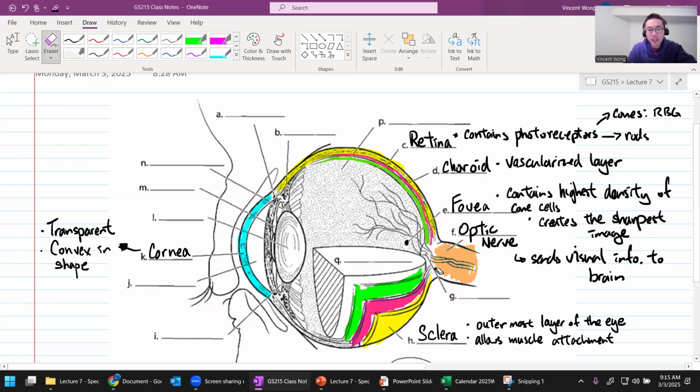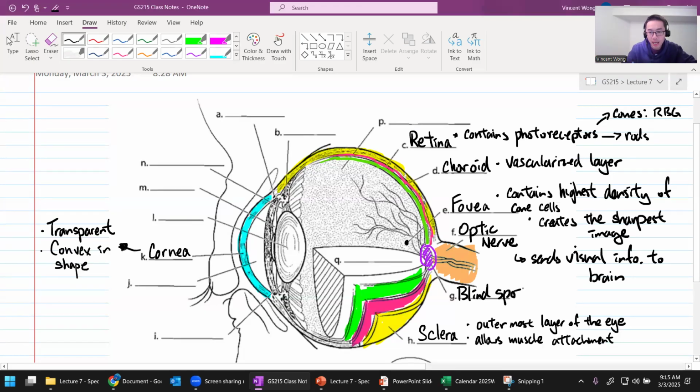Now, where the optic nerve is coming out of the eyeball, this part right here, G, has no photoreceptors because the space is taken up by the nerve, right? You don't have a place to put the photoreceptors, and without the photoreceptors, you cannot see anything. So that is called a blind spot.